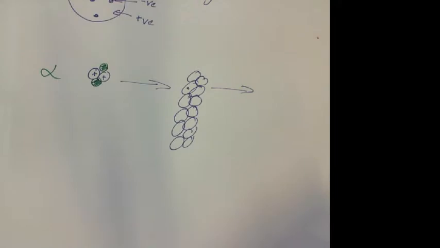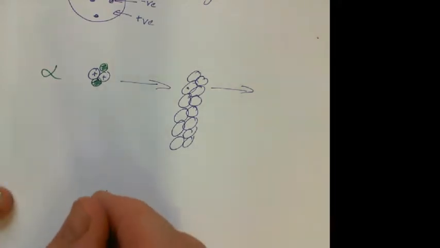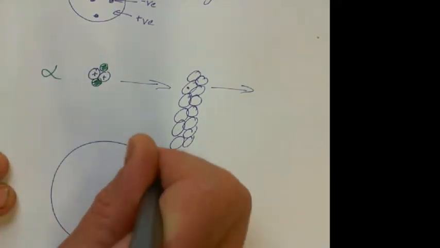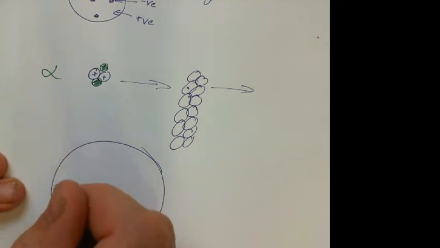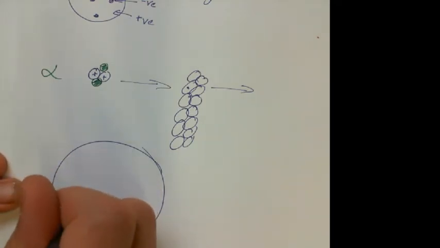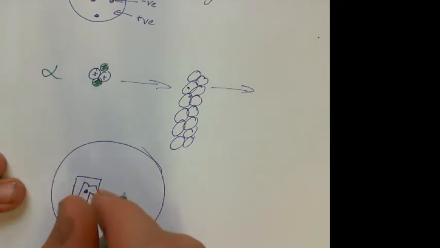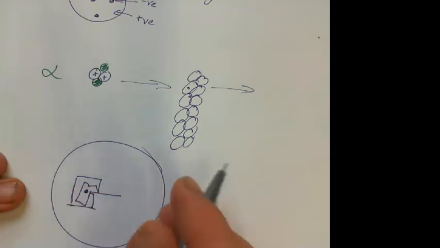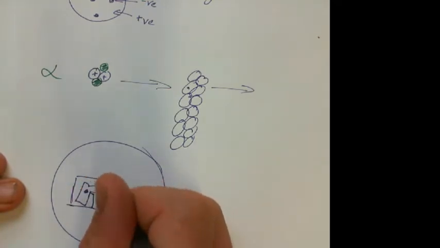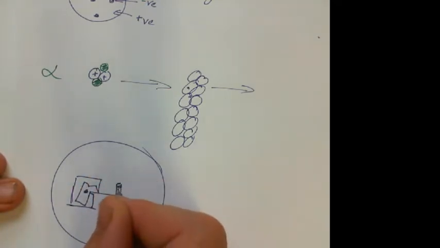But what they did was they had a scanner like this, and they had a source inside a shielded box so that the alpha particles could only get out in one direction, and the gold was here. So that's your gold.